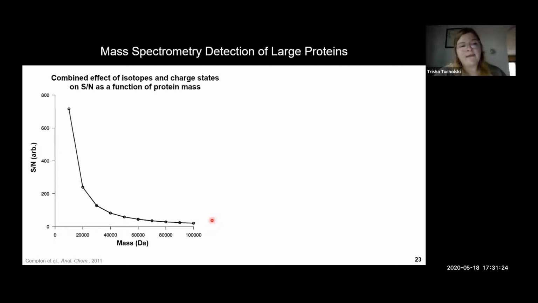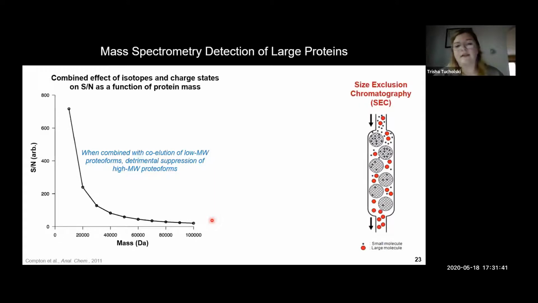So that's one problem related to the mass spec detection of large proteins in general. If you combine this issue with the coelution of low molecular weight proteins and also high abundance proteins like the myofilament proteins, we're going to see detrimental signal suppression of the high molecular weight proteoforms that we're interested in. So one way we can get around that issue is by doing a size-based separation prior to reverse phase chromatography separation.